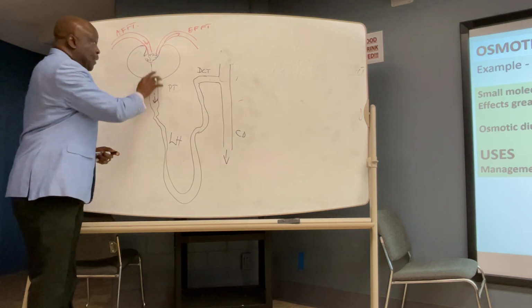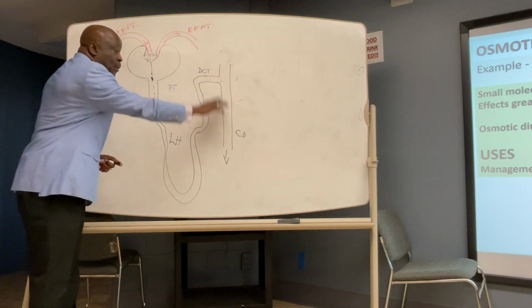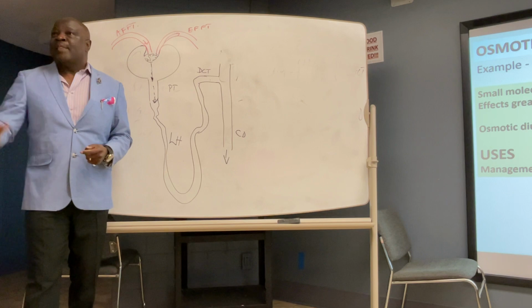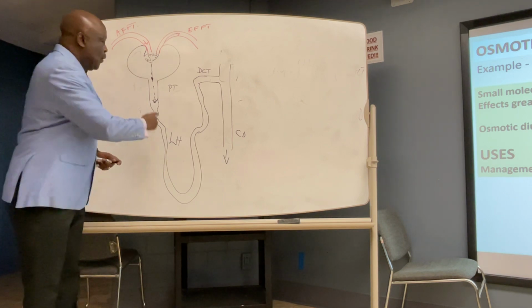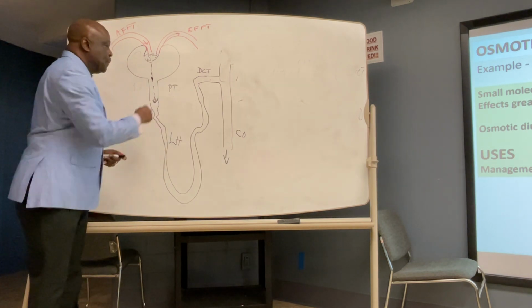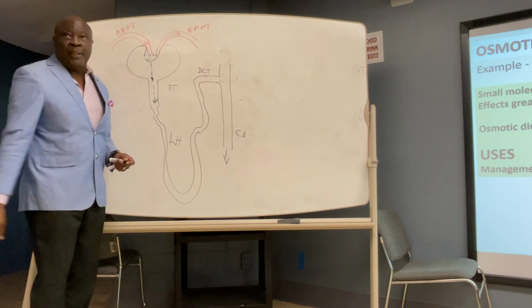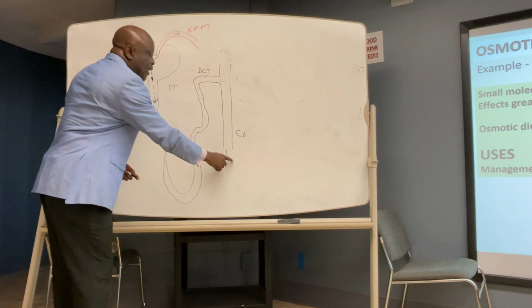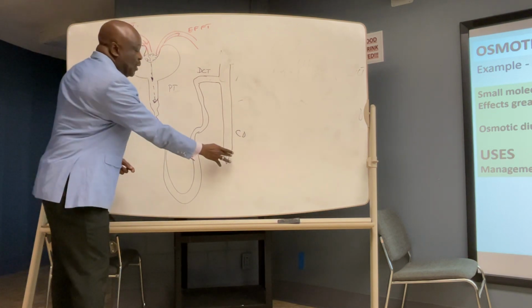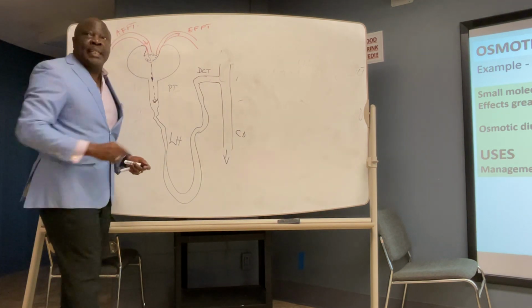But if all of that as is filtered just goes out the system, then there's trouble. So along the line, there's reabsorption of those ions back into the blood, so that what comes out eventually out of here is only 1% of what was filtered here.